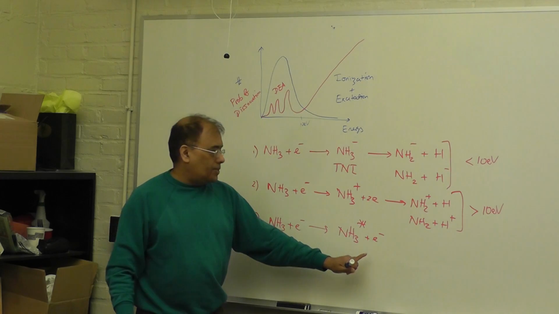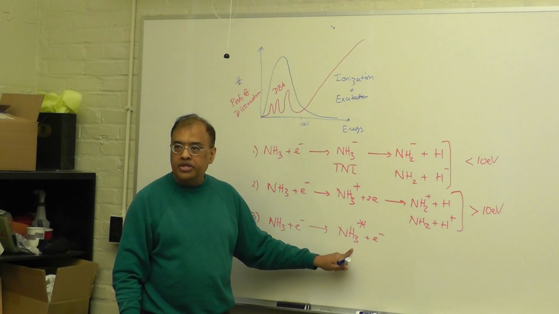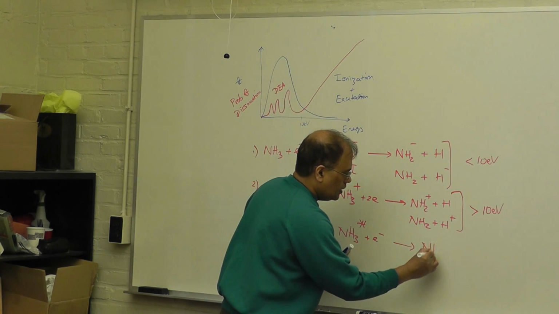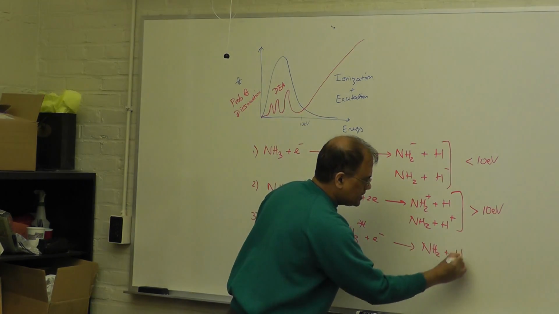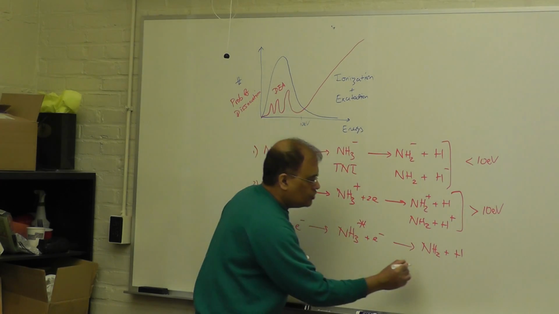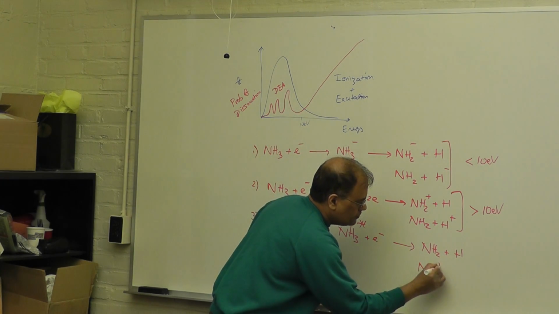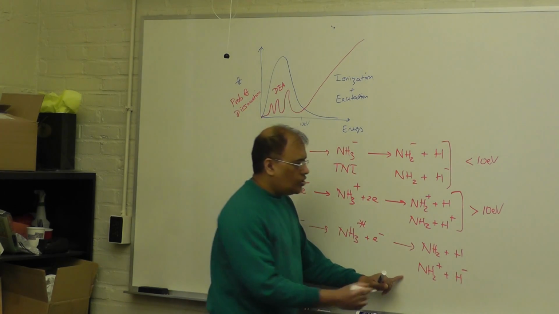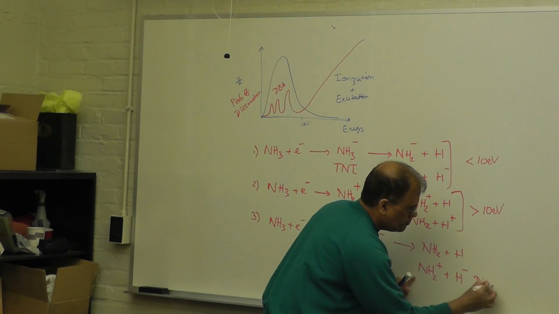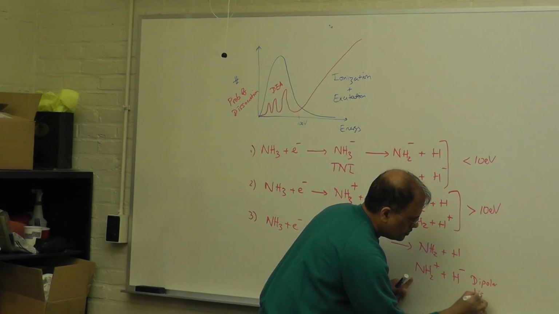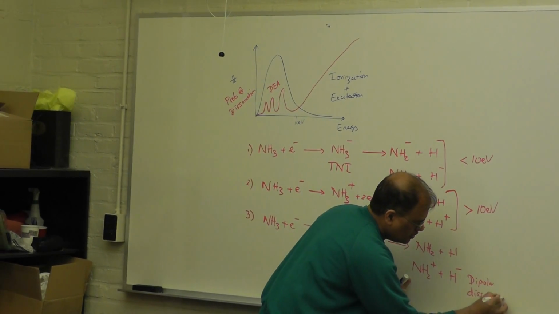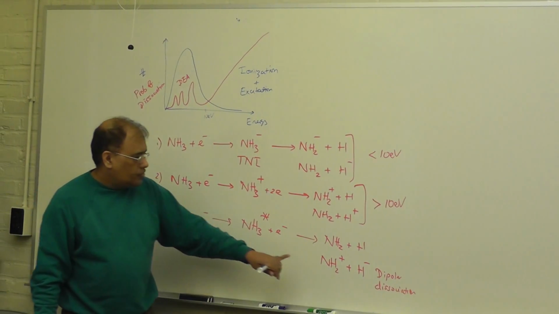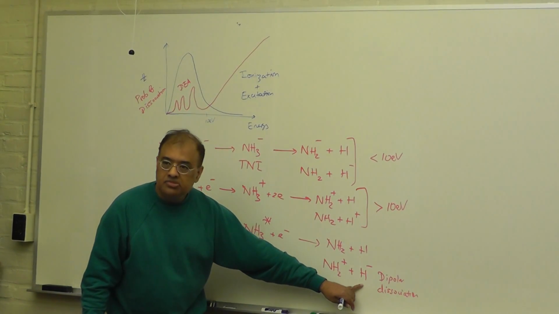The electron is still there, but it has now lost energy to the NH3 molecule. And this excited molecule can form NH2 plus H. It can also form NH2 plus H minus. And this is called dipolar dissociation. So the excited molecule forms NH2 plus and H minus.